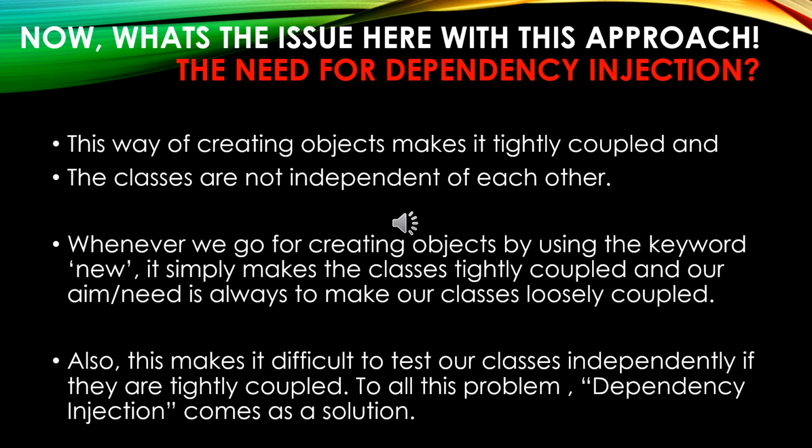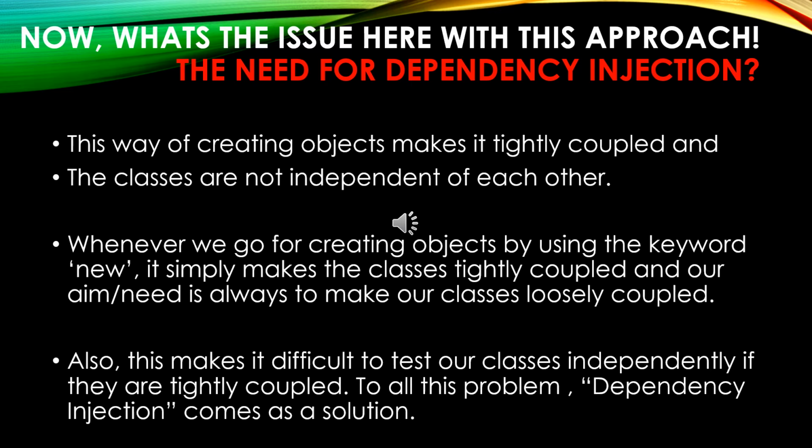Now what is the issue with this approach? Inside subscriber class, we needed the object of viewer class, and we got that by using the keyword new and creating the object inside the subscriber class. So we got the object and now we can make use of it for implementing our logic as well. But there is actually an issue.